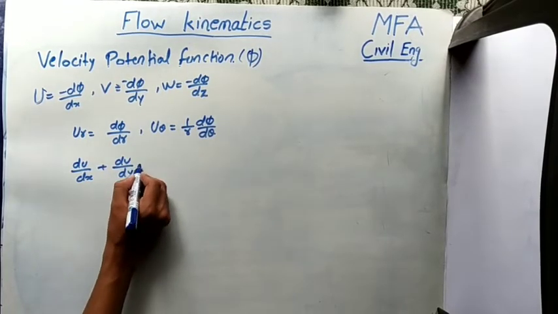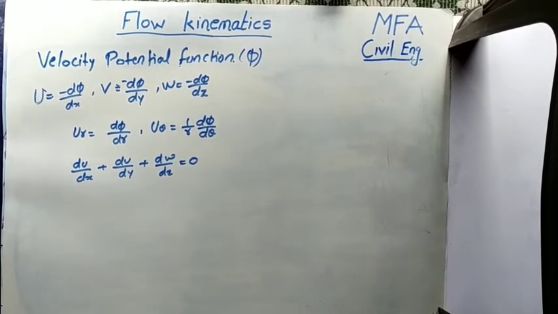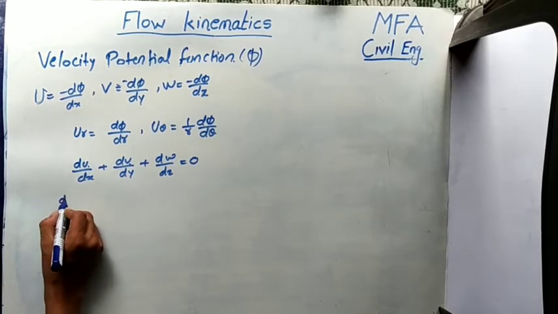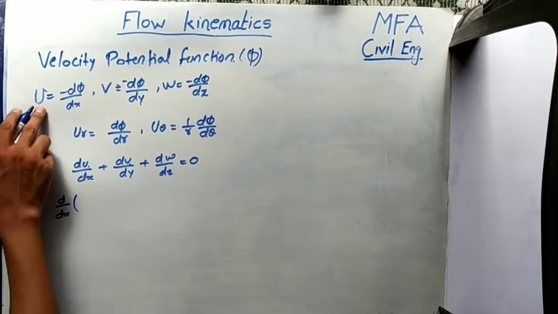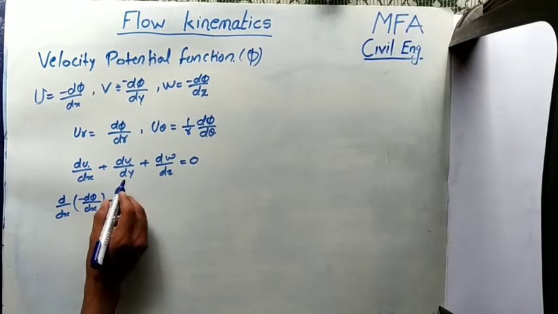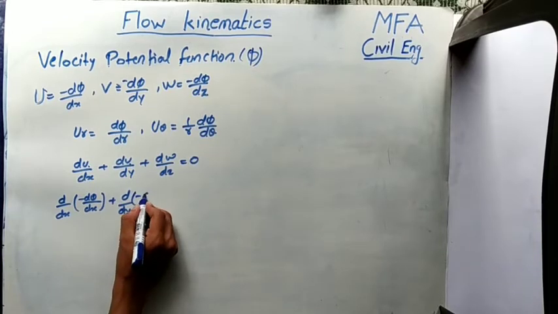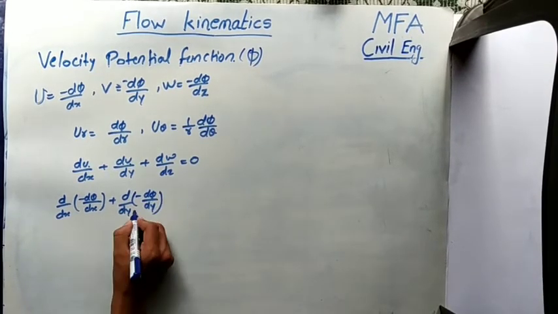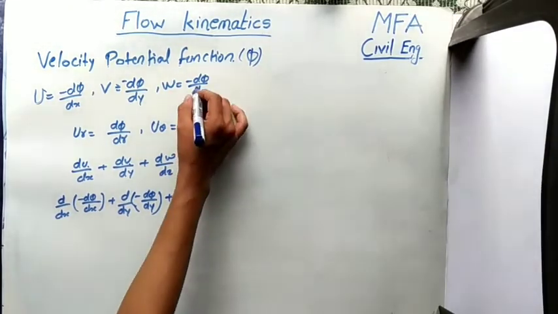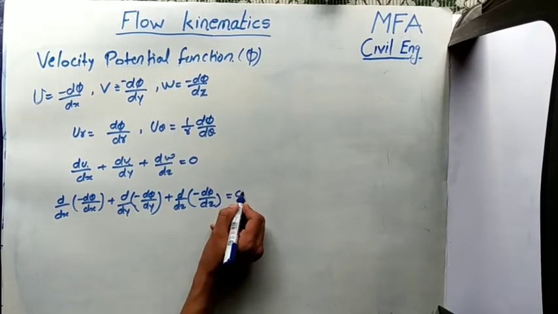The continuity equation for a steady fluid is du by dx plus dv by dy plus dw by dz, which is equal to 0. Now putting the values of u, v, w in this equation, we get d by dx of minus d phi by dx plus d by dy of minus d phi by dy plus d by dz of minus d phi by dz, which is equal to 0.